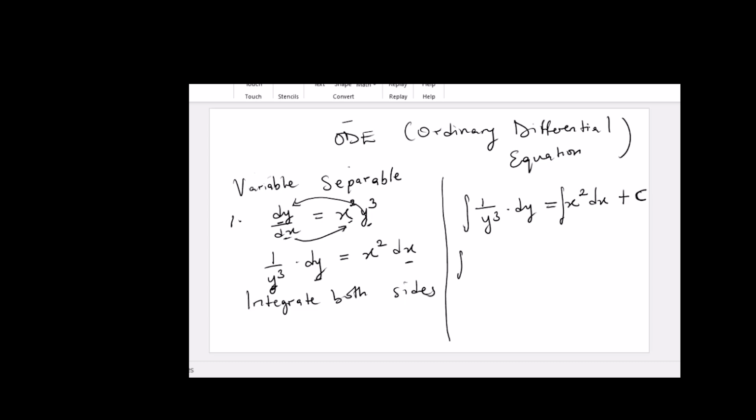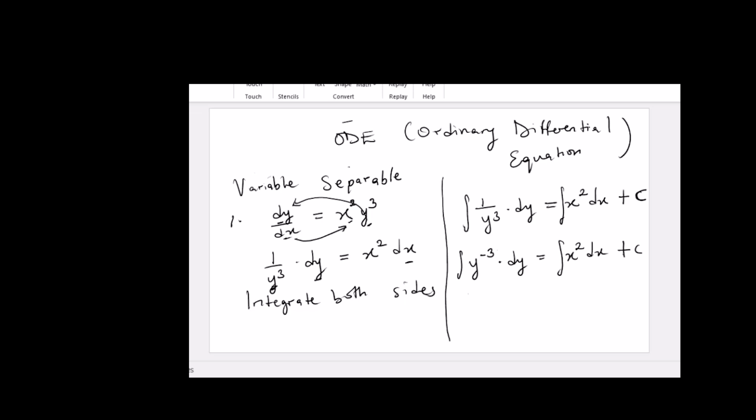Here also, 1 over y raised to the power 3, if you remember the law of indices, it's going to change to y to the power minus 3, dy, equals the integral of x raised to the power 2 dx plus c. And from here, if you still remember how to integrate, you add 1 to the power, and then divide the whole thing by the new value you get, and the same thing here.